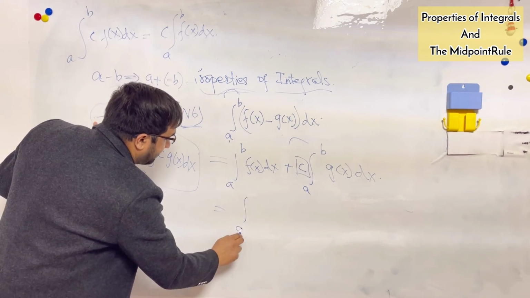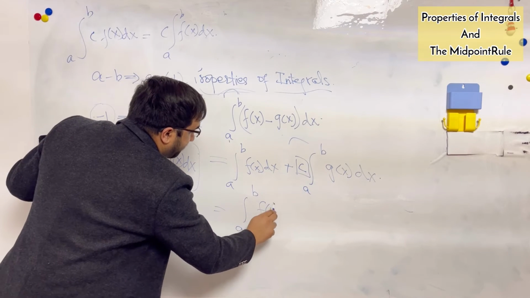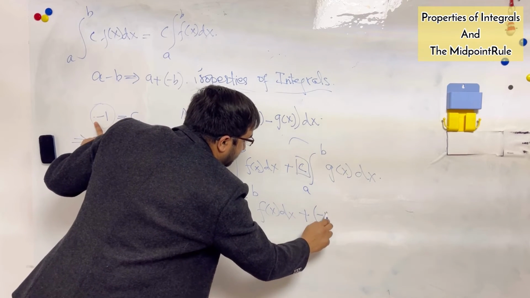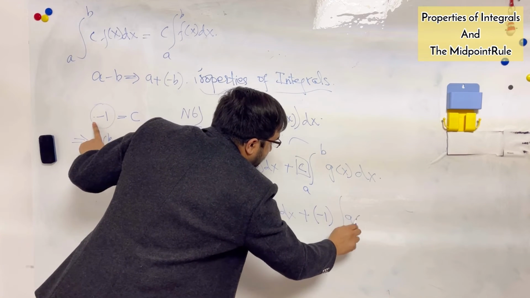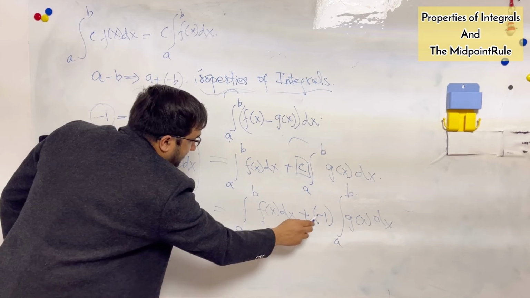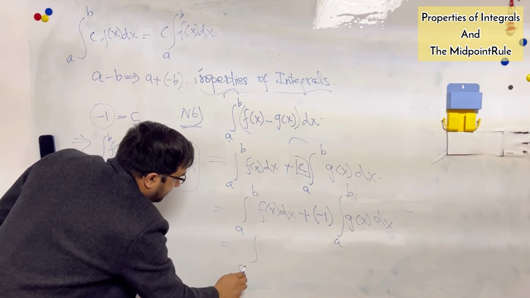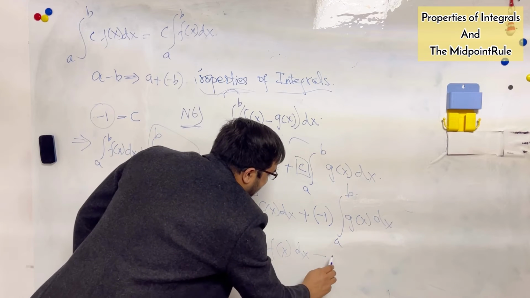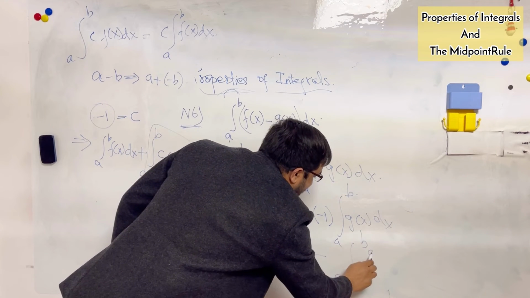So it is integral a to b f of x dx plus the value of c, which is minus 1, integral g of x dx. A plus 1 into minus 1, integral a to b f of x dx minus integral a to b g of x dx.